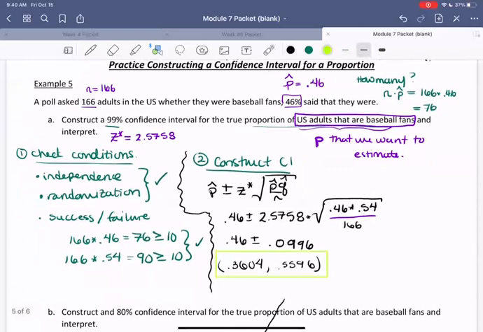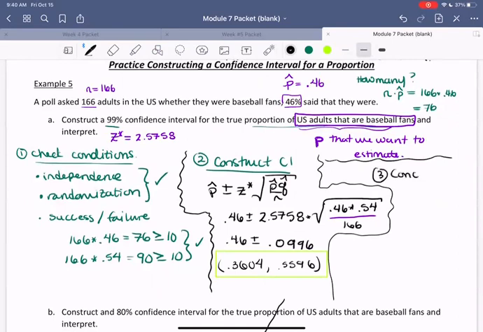All right, so our final step is to interpret our confidence interval. So step 3, conclusion. So recall, our confidence interval tells us the interval in which we are, in this case, 99% confident to find p, our true population proportion.